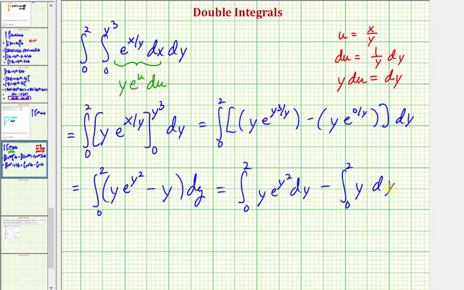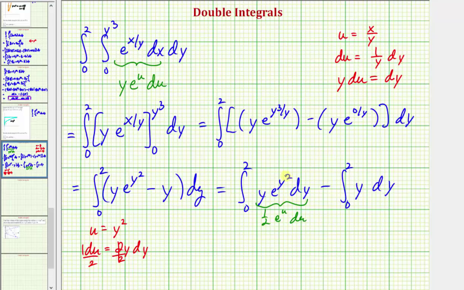This will be helpful because we do have to perform u substitution to find this antiderivative here. Notice here if we let u equal y squared, then differential u is going to be equal to 2y dy. We have y dy here, so let's go ahead and divide by 2. So 1/2 differential u is equal to y differential y. So in terms of u, we can rewrite this as, again, y dy is equal to 1/2 du, and this would be just e to the u.